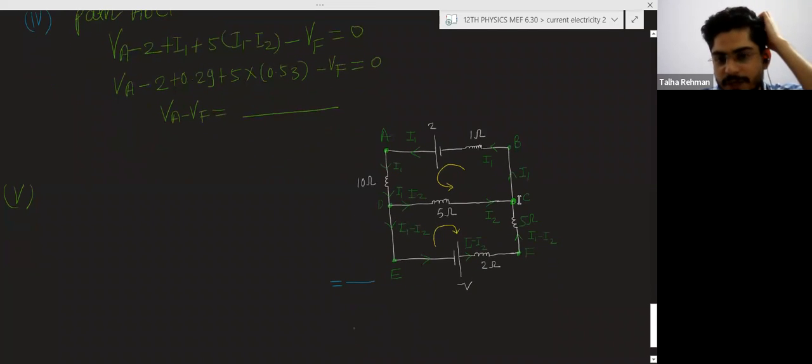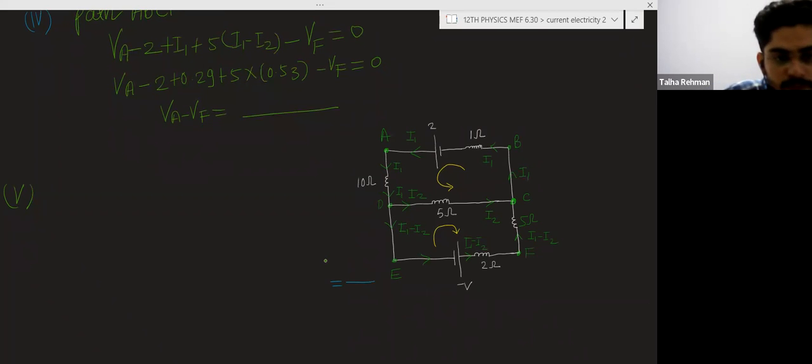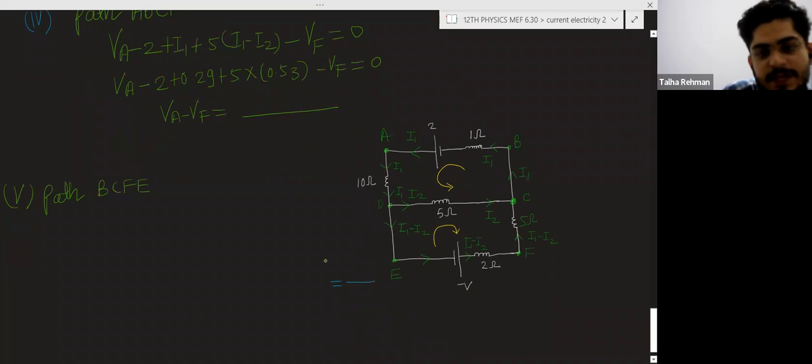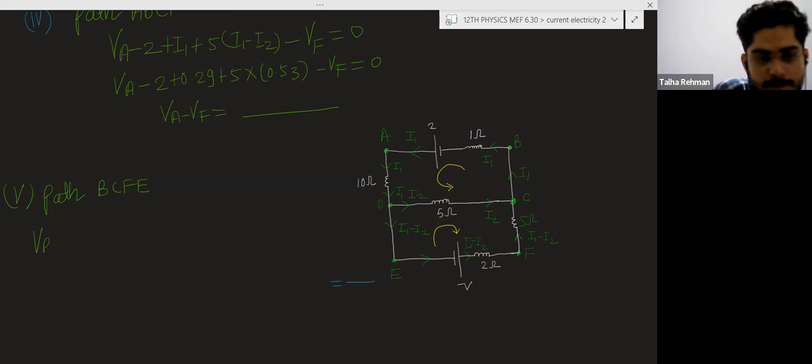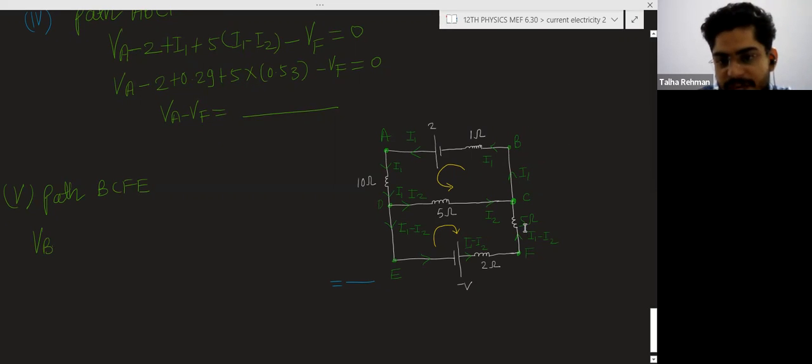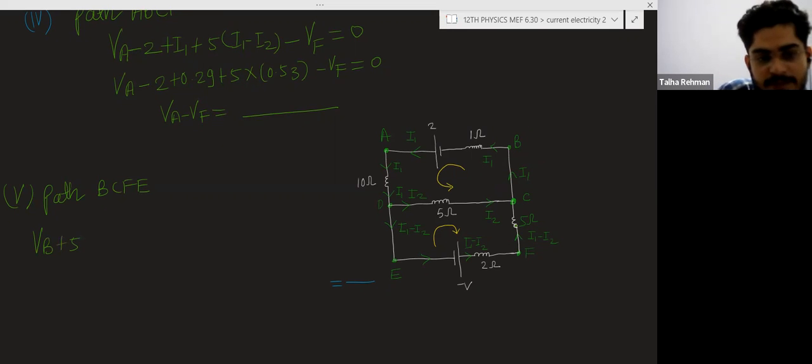So I am taking B, C, F, E. When I am moving from B to C, there is nothing, only point B. So I will write the potential of point B, and here we are moving in the opposite direction of current, so I will write it as plus 5(I1 minus I2). And this also we have plus 2(I1 minus I2).